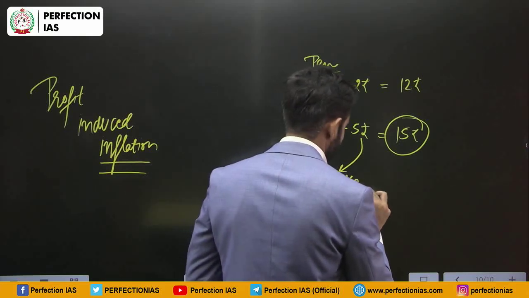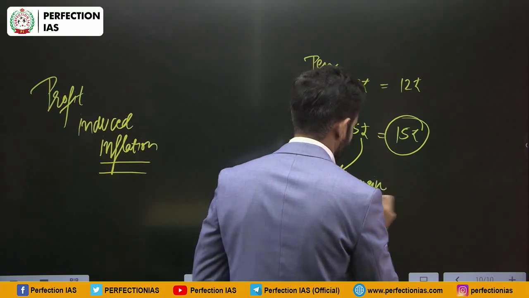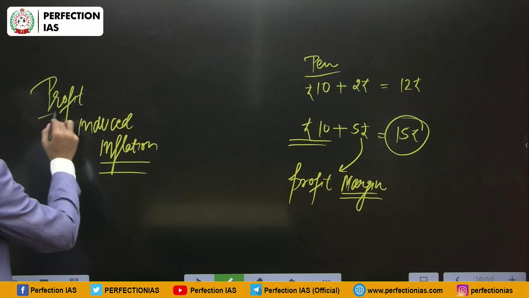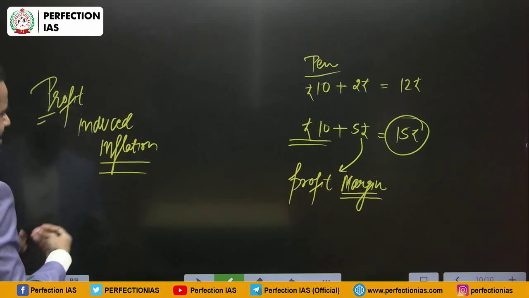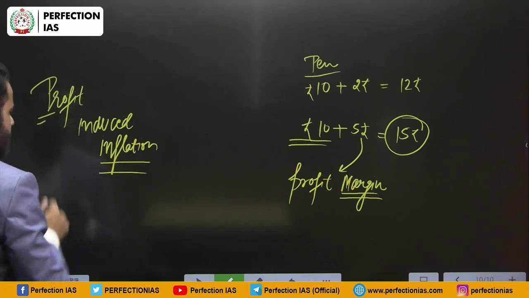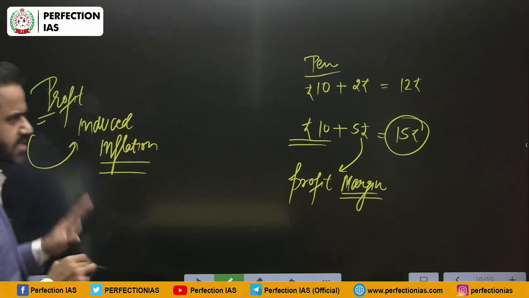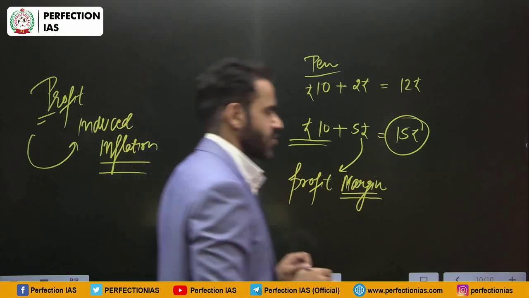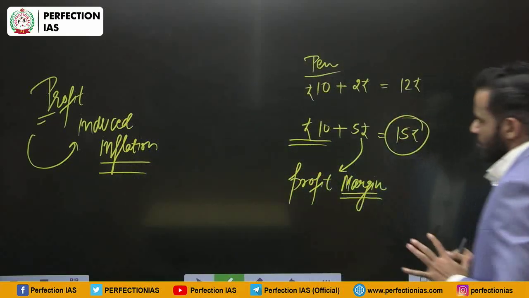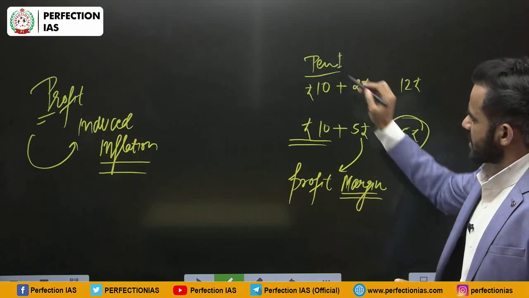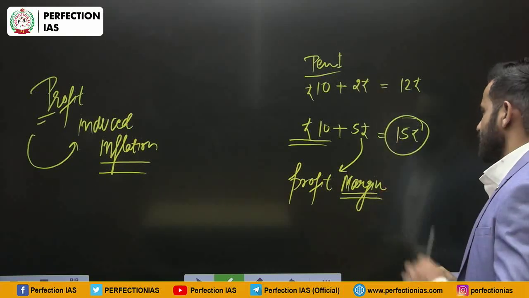So this will lead to profit induced inflation. Profit means you need more profit, therefore you increase the price. So this type of inflation will be profit induced inflation. Now for this to happen, one thing is important. You need to understand this. Suppose there is one company, Pen 1. This is the company which supplies these pens.